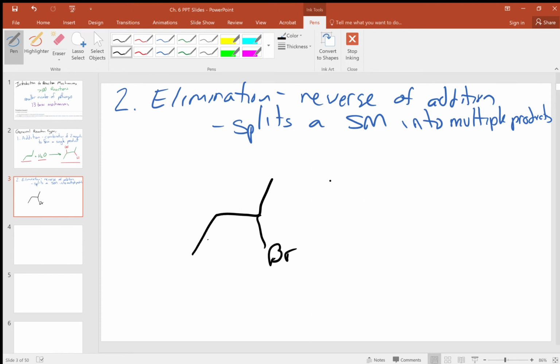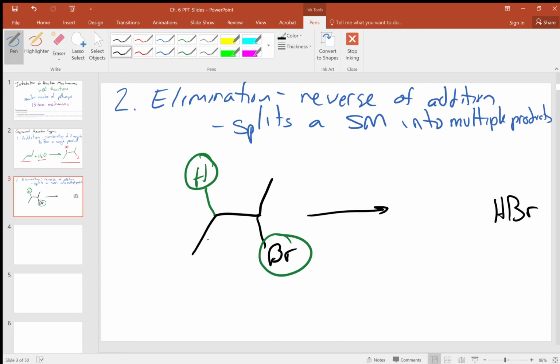So we take this starting material and we split it up. So the hydrogen and bromine that I've circled will be one product, and we get an alkene as the other product. So in many ways, eliminations are the opposite of what we see with additions.